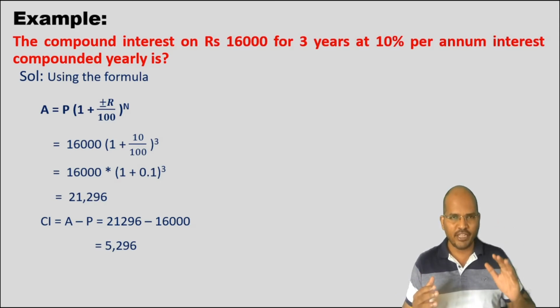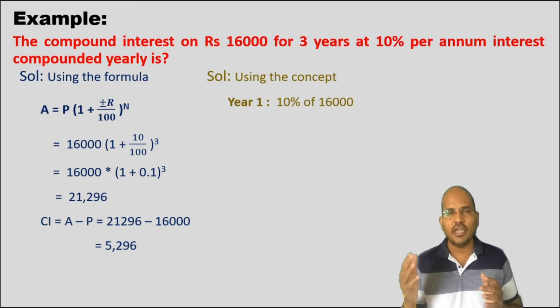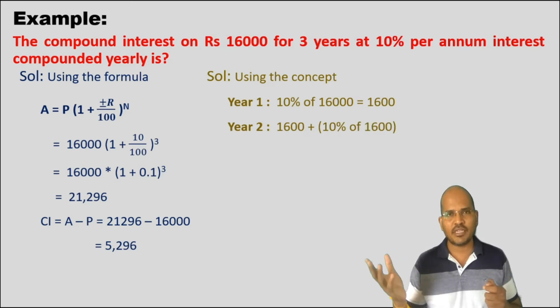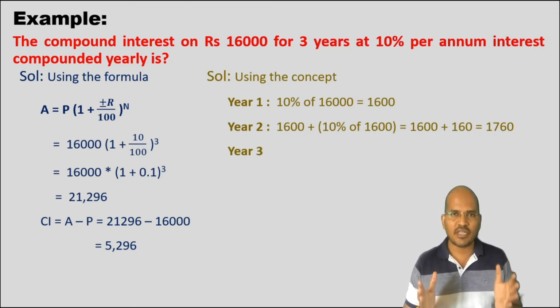So we applied the formula. Now let us see how to do the same in the second method. The concept says that for the first year, the interest is 10% of 16,000, that would be 1600, isn't it? Now for the second year, we calculate interest and interest on interest. 1600 plus 10% of 1600 would be 1760 rupees.